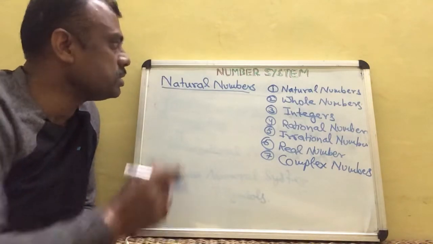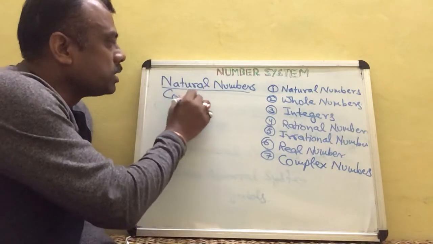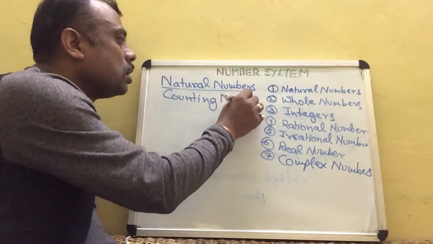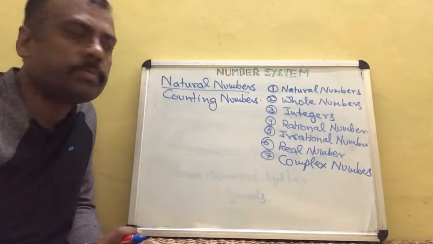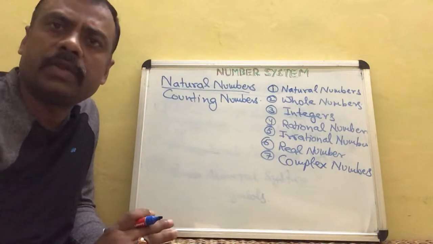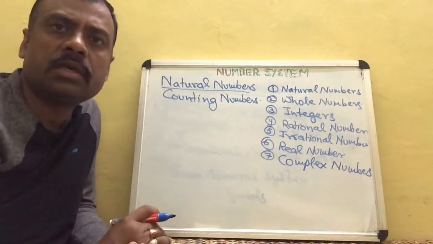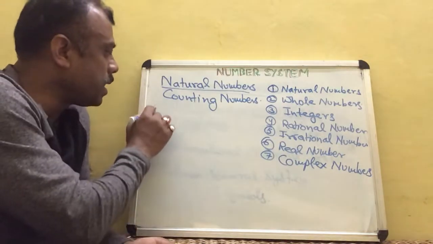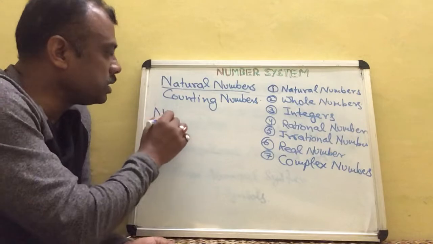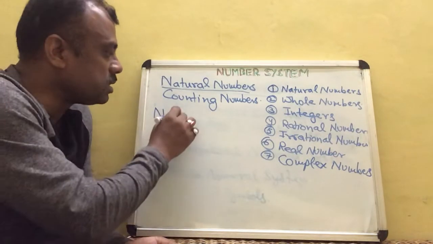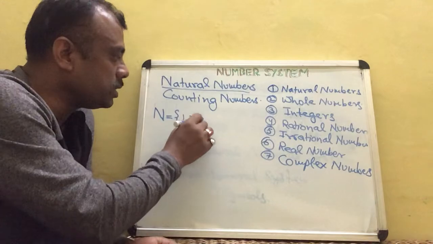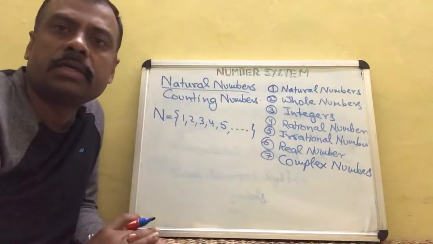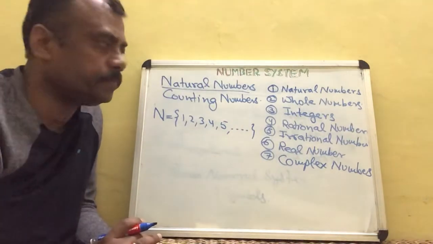We represent this family of numbers by the letter N. This number system has the counting numbers 1, 2, 3, 4, 5 and so on, which means there are infinitely many numbers here.